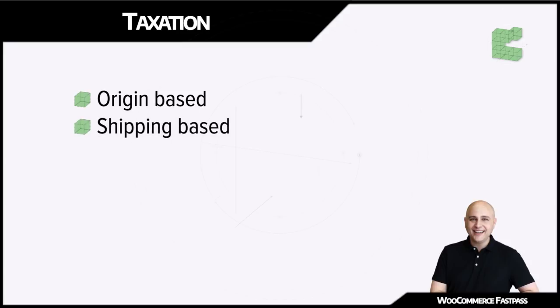The other way of taxation is shipping based. Now, the challenge with shipping based, that means I'm going to charge taxes based upon where the product is being shipped to. That can actually get very complicated to manage because there are so many different locations. They all have different tax rates. It's actually kind of complicated.